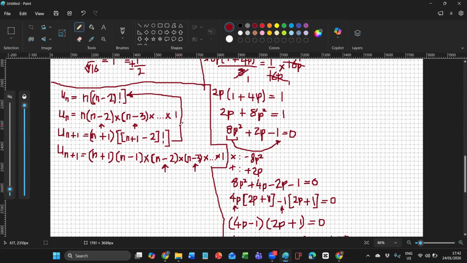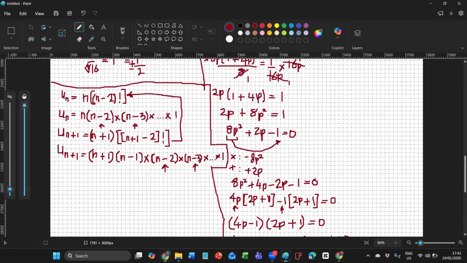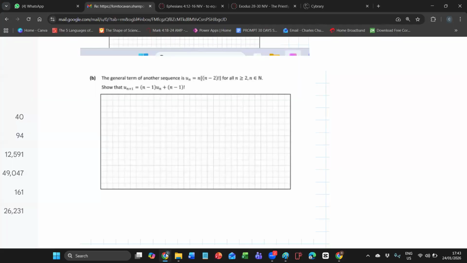Now, I'm even looking at something else. I'm having n plus 1 times n minus 1. That in itself looks like something that could give me a difference of two squares. But let me just keep it first. n minus 1 factorial.